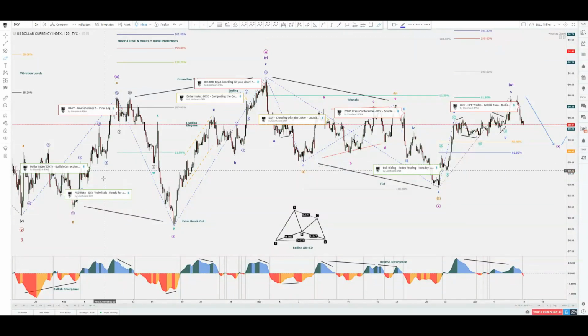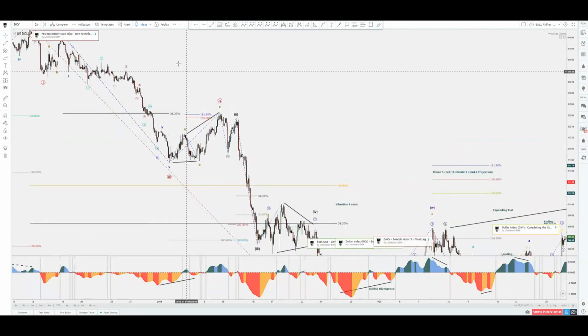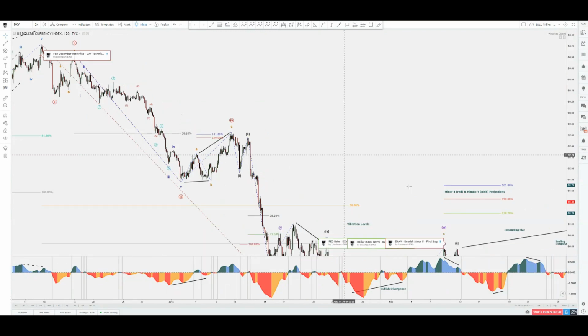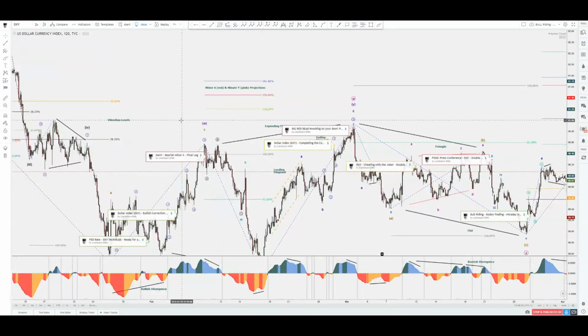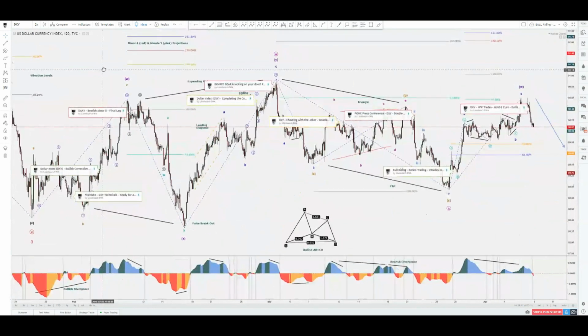Those of you following me from a while back know that on December 12th, I was ready for this huge downtrend on the dollar index. By the way, I'm on the dollar index 2-hour chart. Surely you can see it, right?